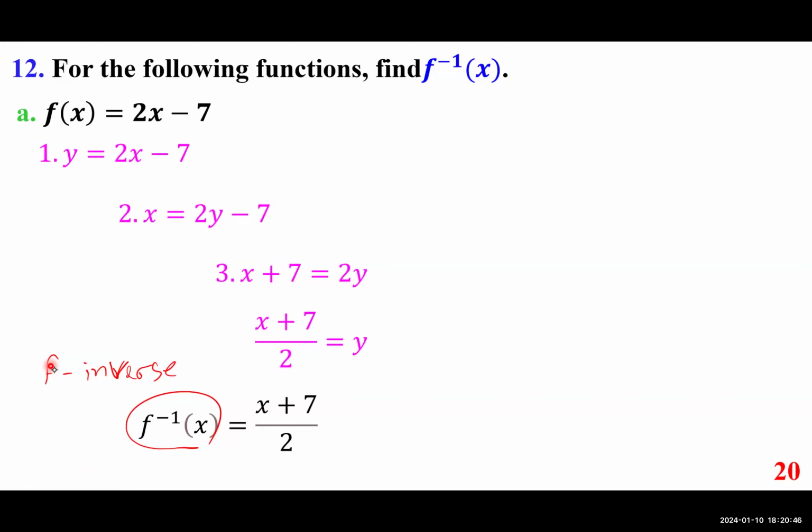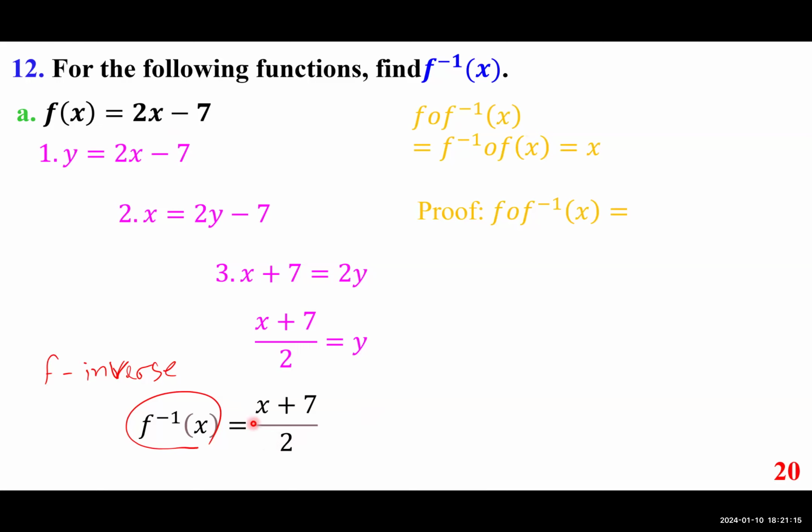We are done. However, it's good practice to check. And to check, I hope you know that f of f inverse equals f inverse of f equals x. So we are going to look at one of them. You can do this or that. We're going to do one of them, and you can check the other one. So if I want to go with f of f inverse, that means into the f of x, you replace the x with f inverse.